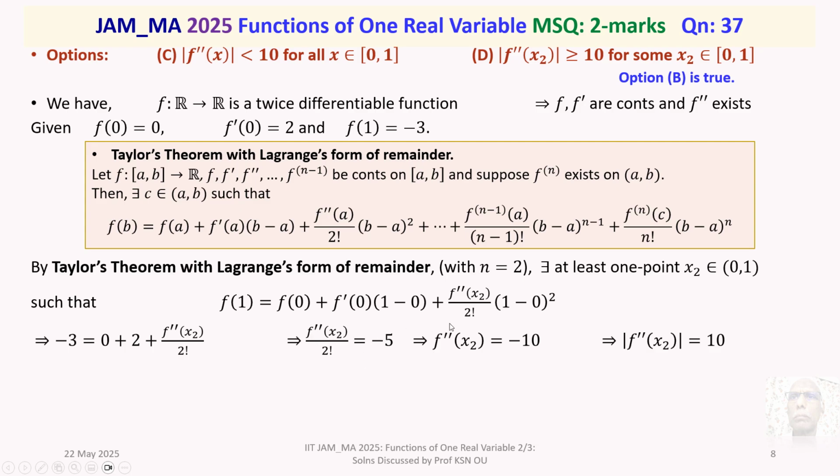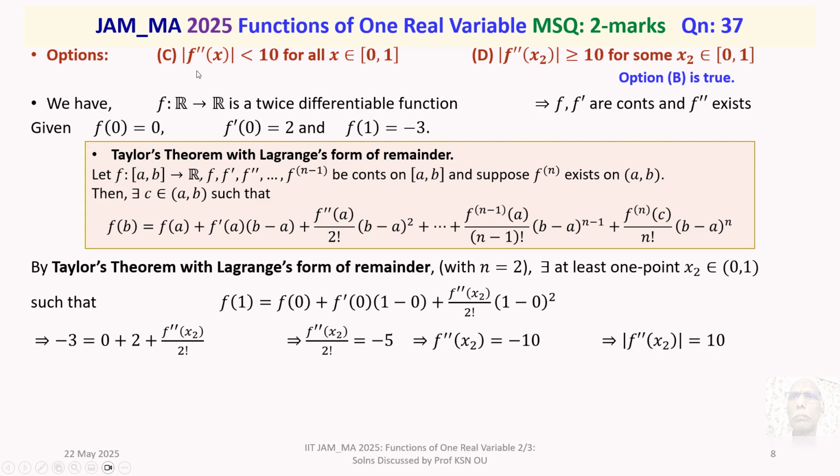That is, f double prime at x2 by 2 factorial is minus 5. f double prime at x2 is minus 10. Taking the modulus, f double prime at x2 is 10. So it is exactly equal to 10. Option C says less than 10 for all. No. For some x2, the modulus of f double prime of x2 is equal to 10.